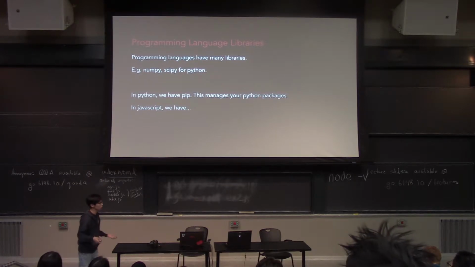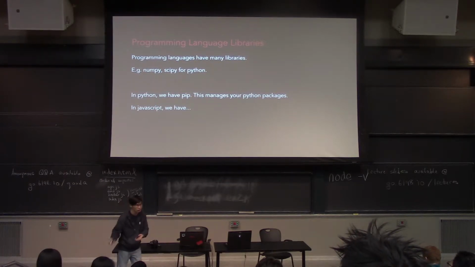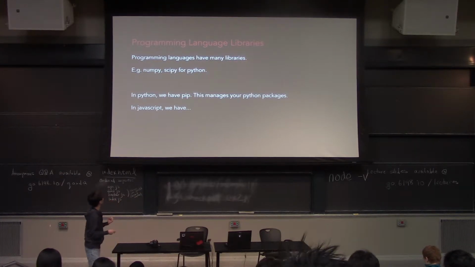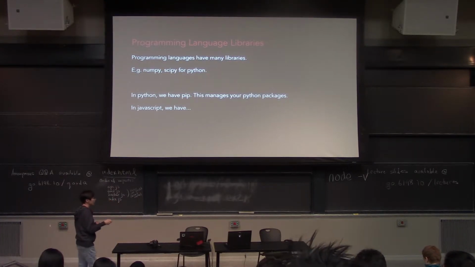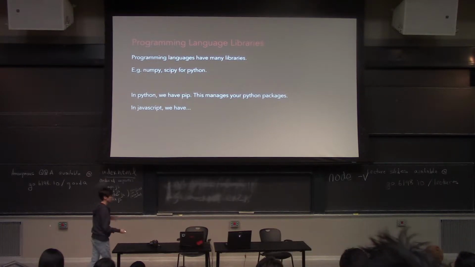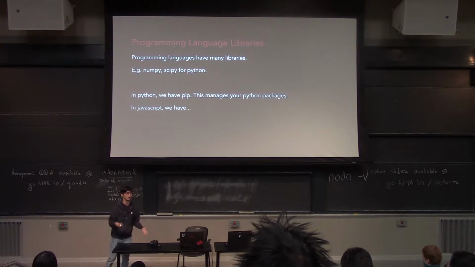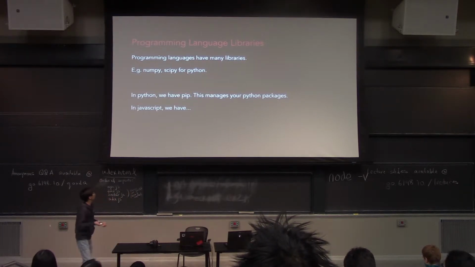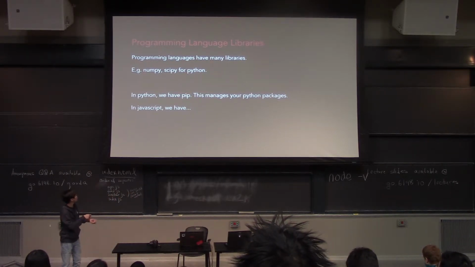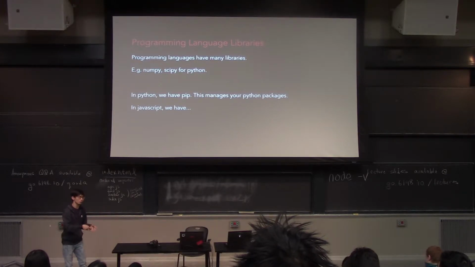Okay. So as with all programming languages, like JavaScript and Python, there are language libraries. For example, Python has NumPy, SciPy, all those things that help you write code more easily. It just gives you a library of cool functions you can use. And in Python, we have pip to install all these modules, right?